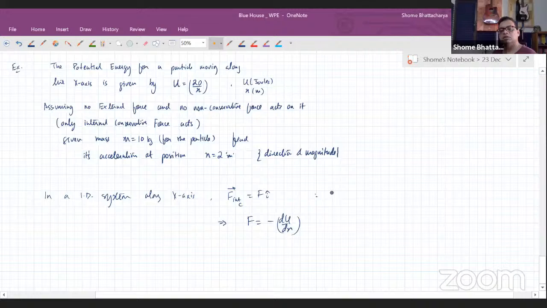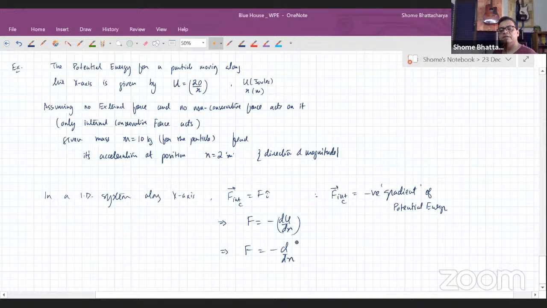That is, internal conservative force equals the negative gradient of potential energy. So in this case, the internal conservative force will have a magnitude of the negative of the differentiation with respect to x of this formula.